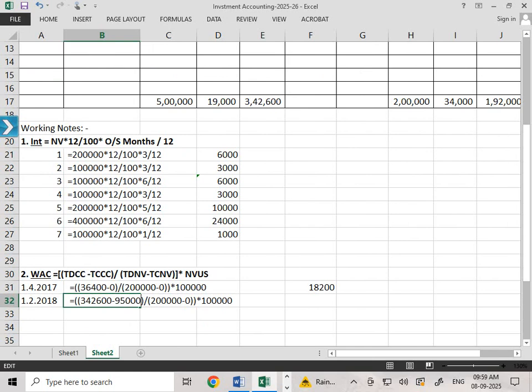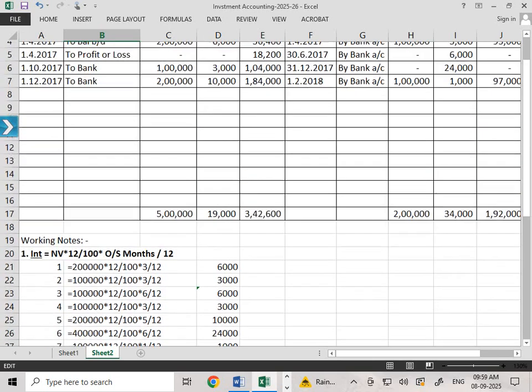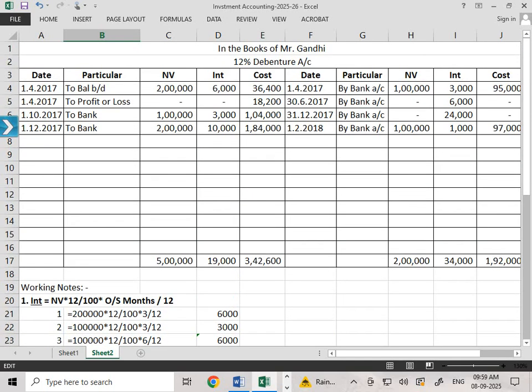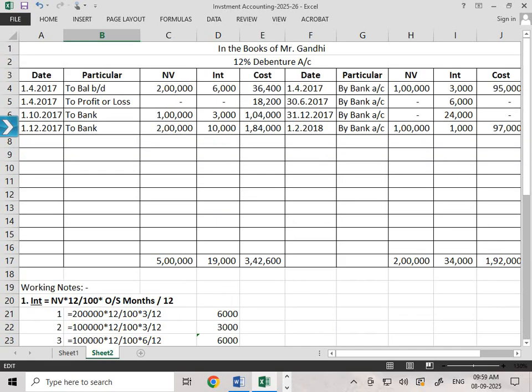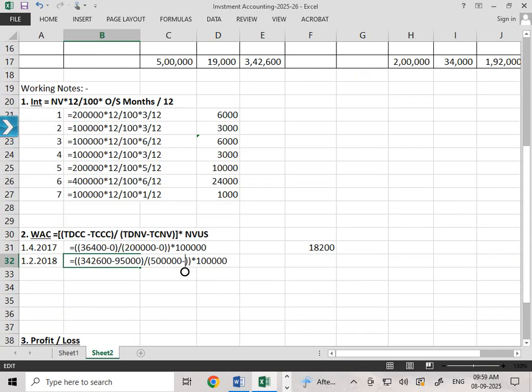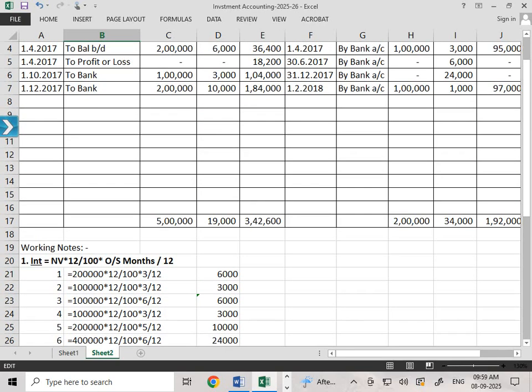Total debit side of nominal value column, 5 lakh. Total credit side of nominal value excluding this, how much? 1 lakh. Don't include this 1 lakh. So 1 lakh, multiplied by nominal value of units sold.